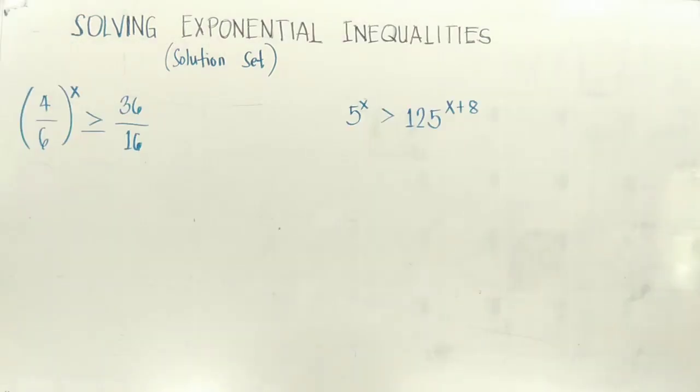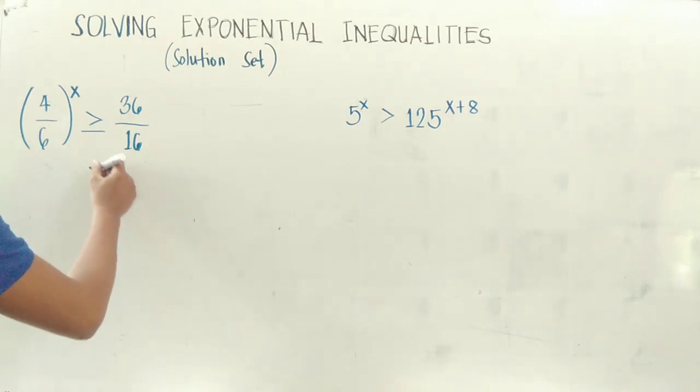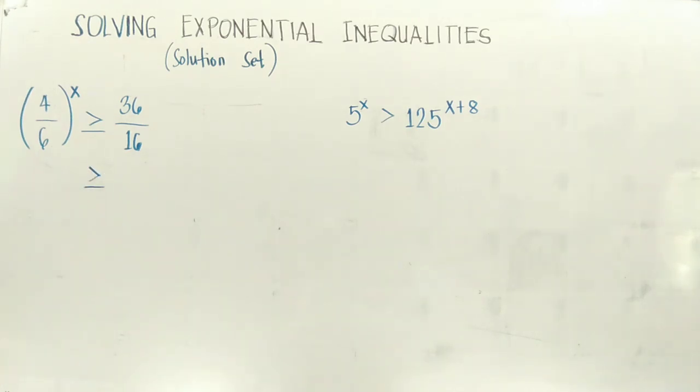In our next example, we have 4 over 6 raised to x is greater than or equal to 36 over 16. So by following again the property or the one-to-one property of exponential functions, we will write your exponential expression, both sides of your inequality, with the same basis. So we have 4 over 6.